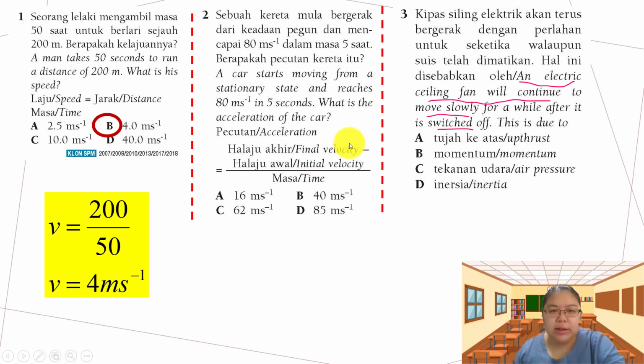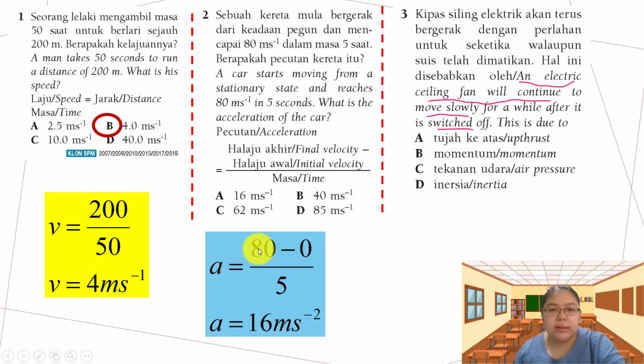The formula is given: acceleration is the final velocity minus the initial velocity over the time. Initial is 0, final is 80, so we take 80 minus 0 over 5. So 80 is the final minus the initial over the overall time taken. I get the answer 16 m/s^-2.